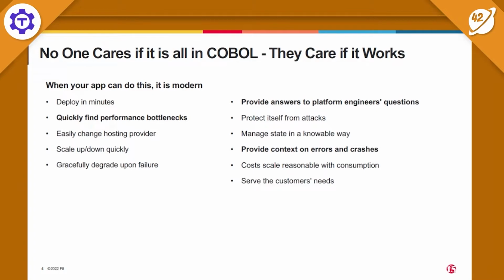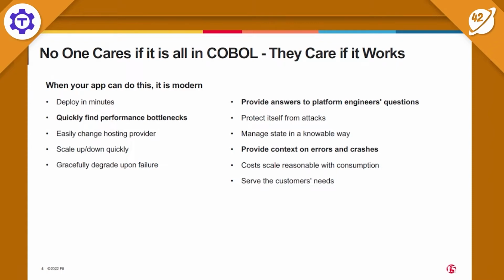Provide answers to platform engineering questions. So how the people are working in the platform aspects, as well as how the application itself is behaving, and what can I find that I need to find out about that. And then finally, provide context on errors and crashes. This doesn't mean simply reporting an error, but finding the context, what's going on around the error, what was leading up to this error.